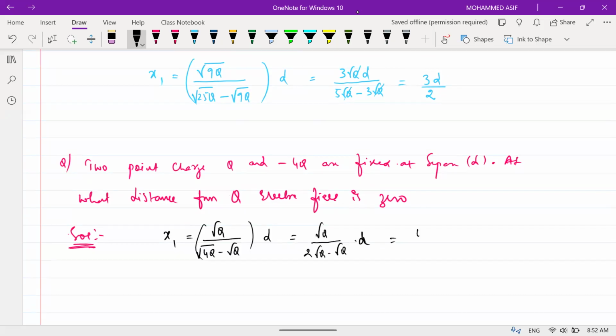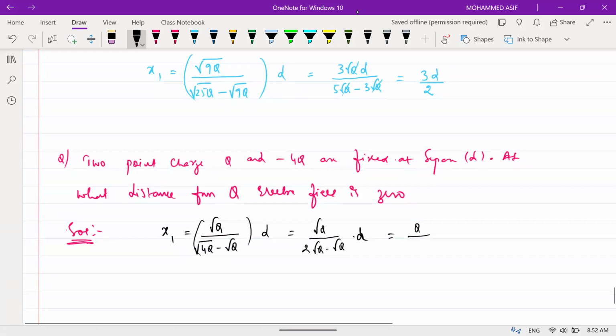So this will be equal to root q divided by 2 root q minus root q, into d. That is root q into d. So this root q will get cancelled. So this will be equal to d. Am I clear?